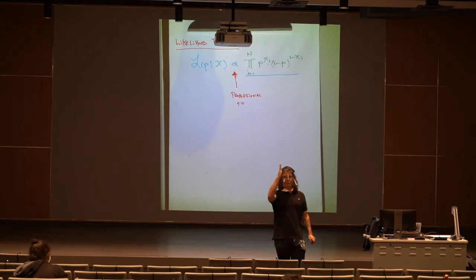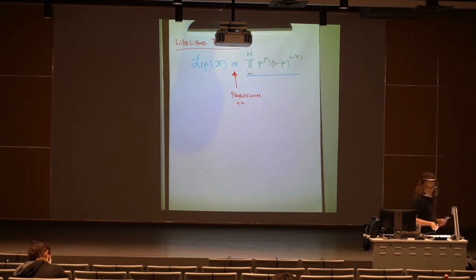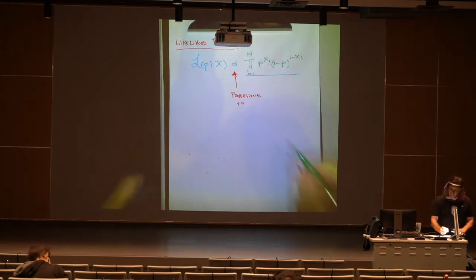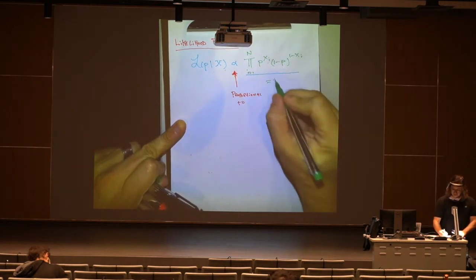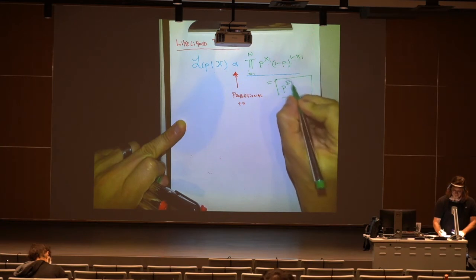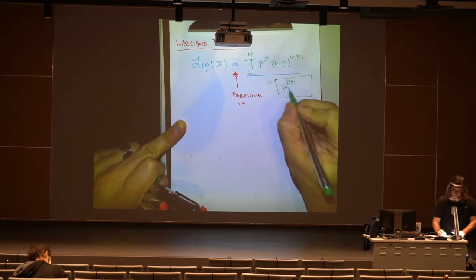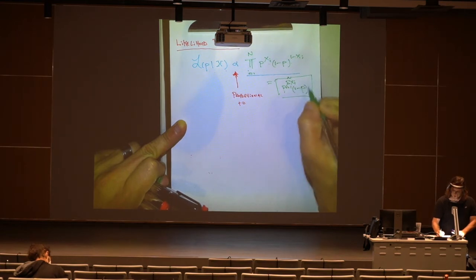I like to preserve what the bar means. So it doesn't really matter how you think about it. It just matters in terms of how you convey the information to somebody else. Okay, I could write this down like this. I could also simplify it. So this is going to be equal to p to the sum of the xi's times 1 minus p to the n minus sum of the xi's.